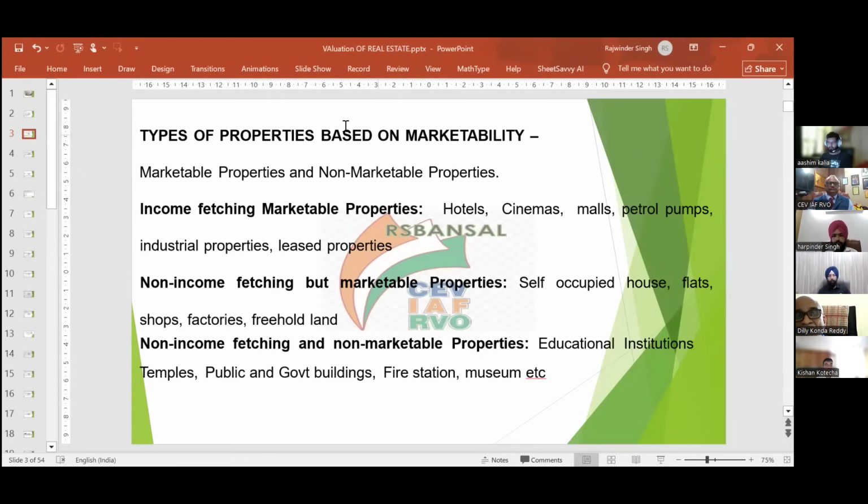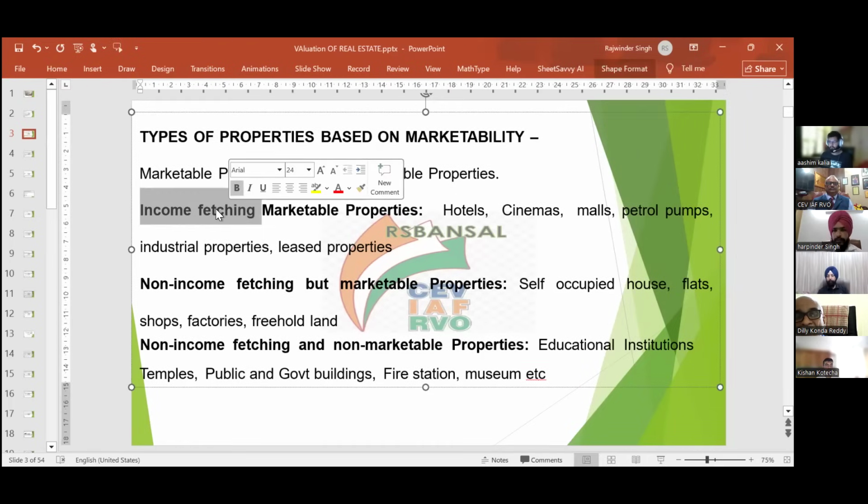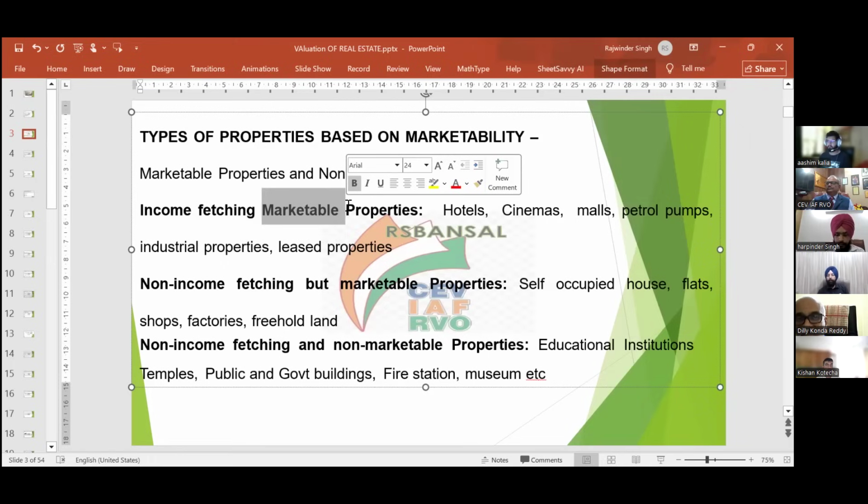From the name it is clear, income fetching. It means the property will be getting some income from it. It is able to generate some income. And the second thing is it is marketable. Marketable means it can be sold in the open market.